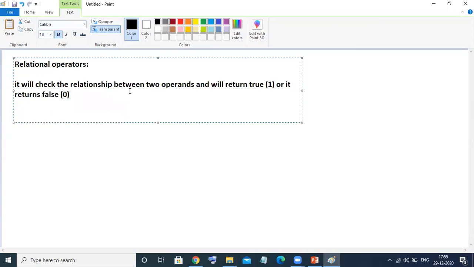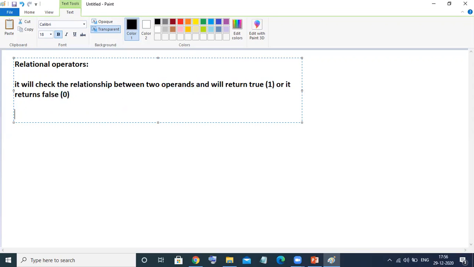So relational operators are basically used to check the relationship between two operands. If the relationship is true, then it will return 1, or else it will return false.